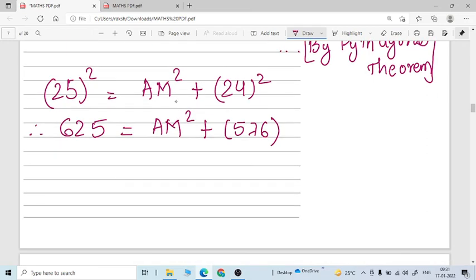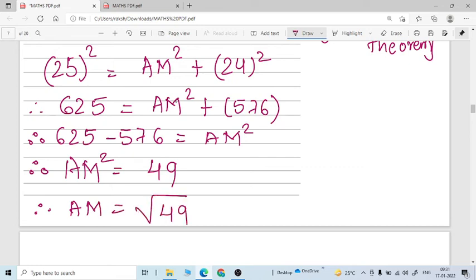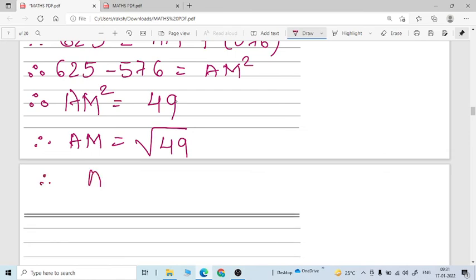This addition, when it moves to the left hand side, will become subtraction. So AM square equals 625 minus 576. Students, calculate and write in the chat section. Yes, that is 49. So AM is the square root of 49, that is 7 centimeter.